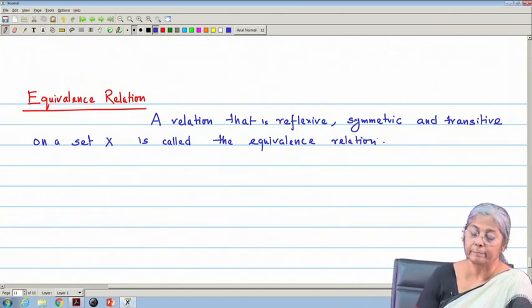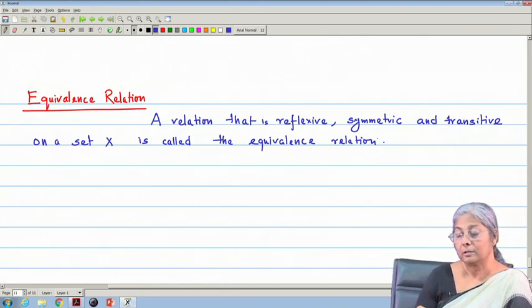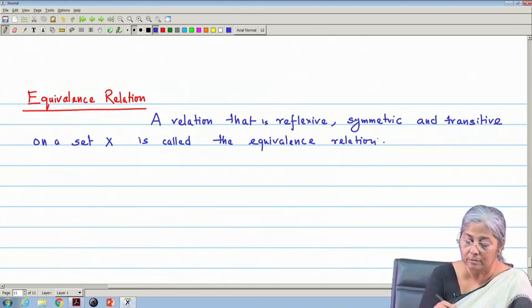That means a relation R which is reflexive, symmetric and transitive.